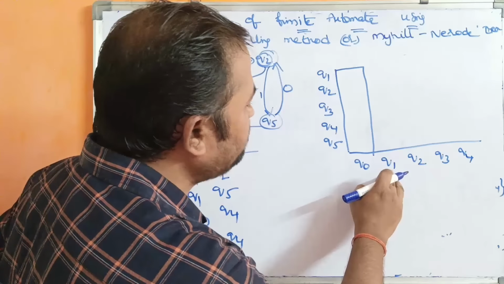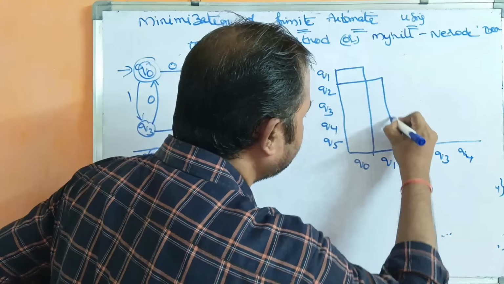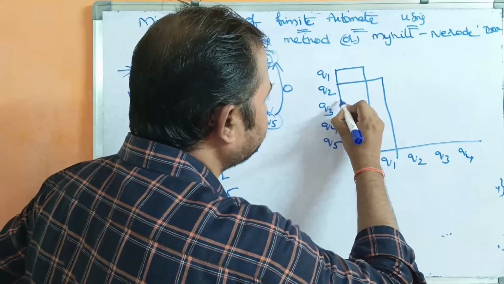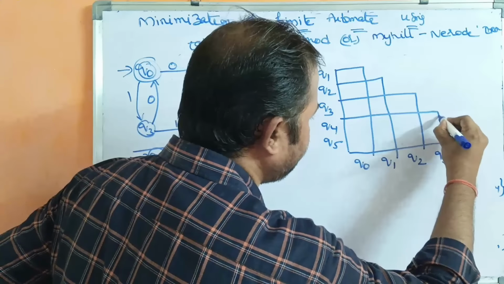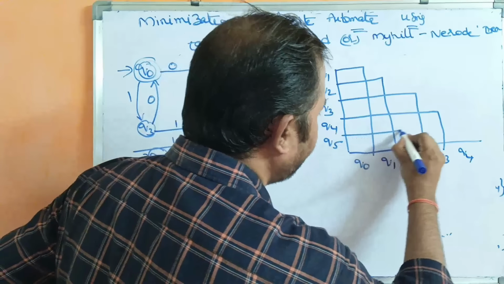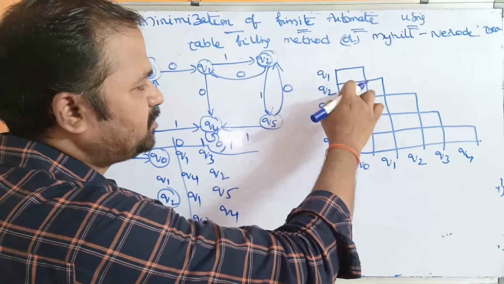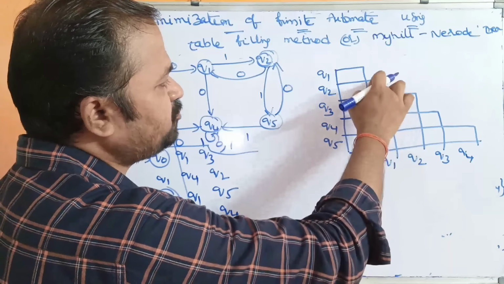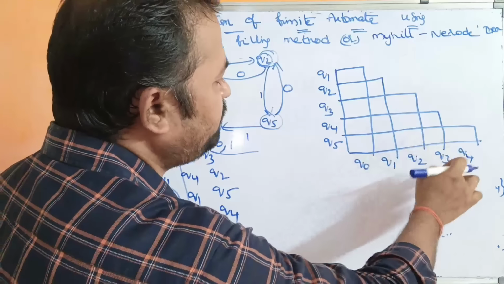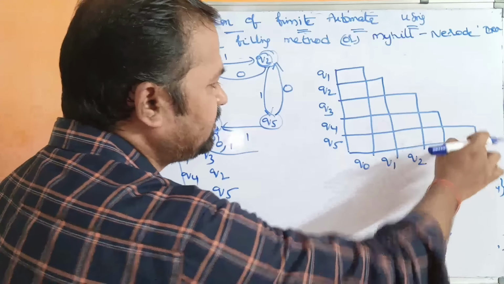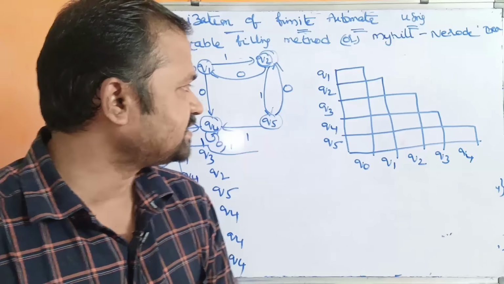Likewise from Q1 to Q2, Q3, Q4, Q5. Next from Q2 to the remaining states, from Q3 and from Q4 to the remaining states. So Q0 to Q1, Q2, Q3, Q4, Q5. Q1 to Q2, Q3, Q4, Q5. Q2 to Q3, Q4, Q5. Q3 to Q4, Q5. Q4 to Q5. So we have to draw a table like this.